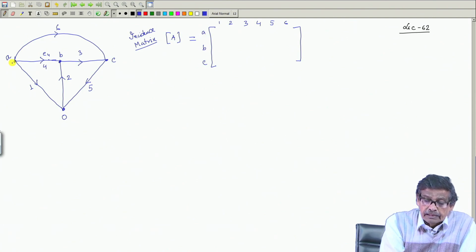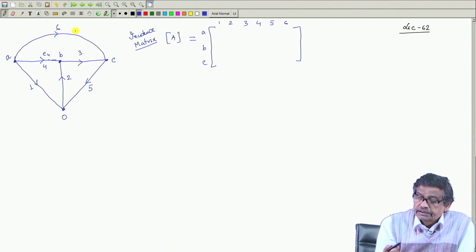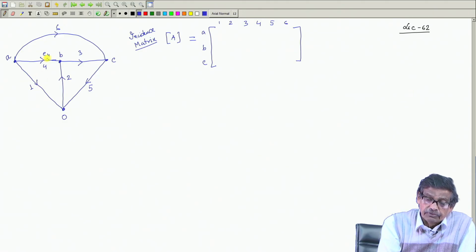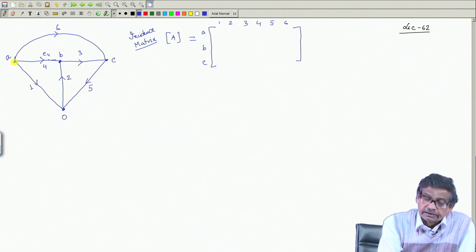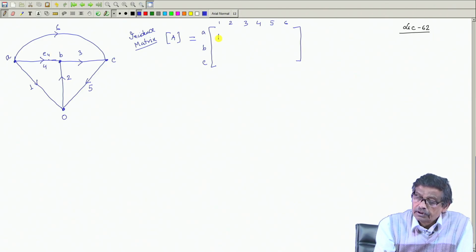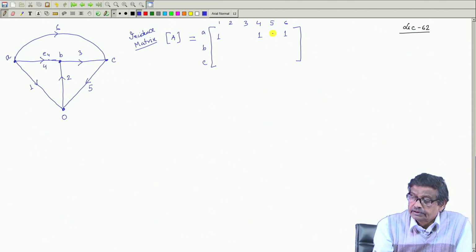At node A, things going out are assigned a plus sign. So 1, 4, 6 are the participating elements while writing down KCL here, and all are going out. So 1, 4 and 6, others are 0.